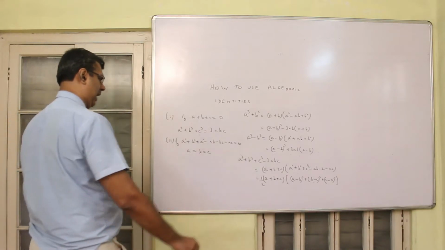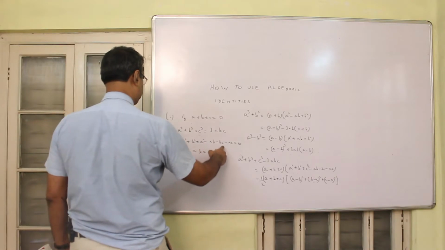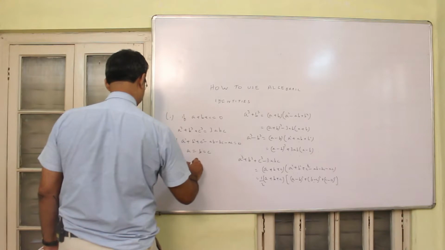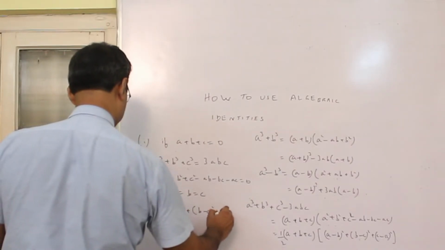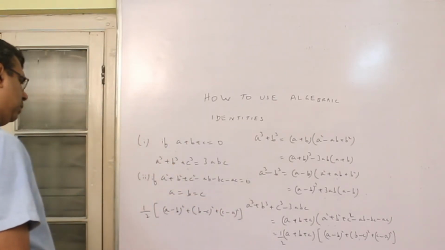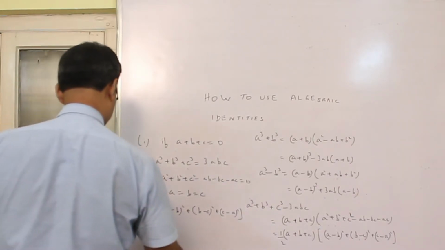How? I told you a while ago that a square plus b square plus c square minus ab minus bc minus ac can also be written like this: half into (a minus b) whole square plus (b minus c) whole square plus (c minus a) whole square.